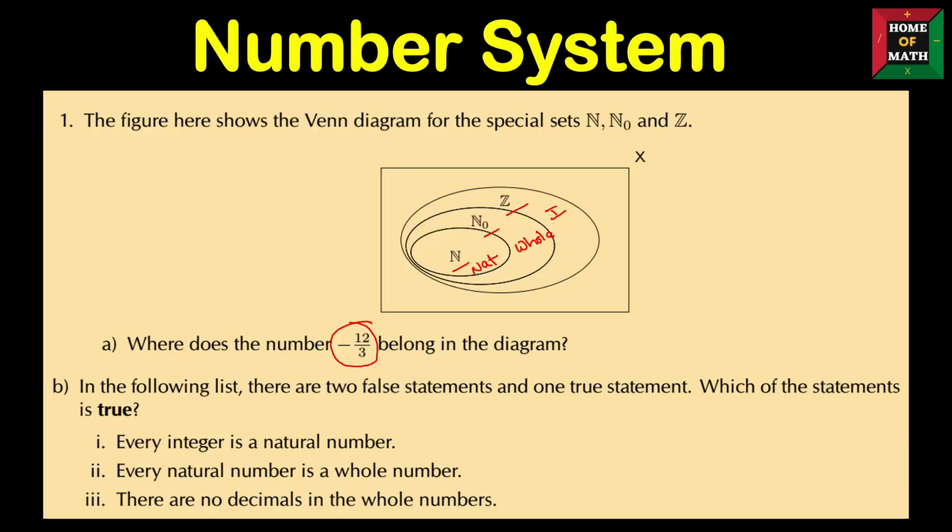So here -12/3 means -4, which is in set Z. We can write here that this one is in Z. It means -4 belongs to Z, right?